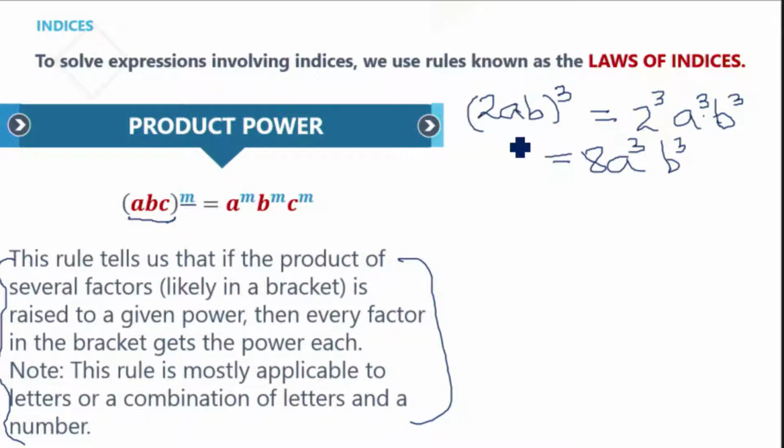With this product inside the bracket raised to the power 3, this implies that the thing inside this bracket should be multiplied by itself up to 3 times. So let's verify it. We have that this is equal to 2ab times 2ab times 2ab.